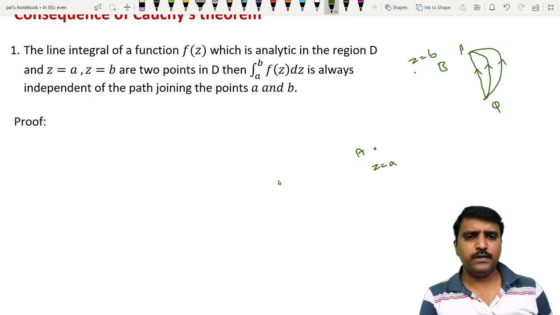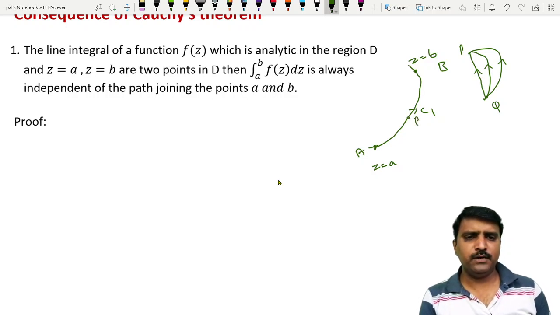You take one path from A to B. This is one direction, this path from A to B. You take this arc as C1.